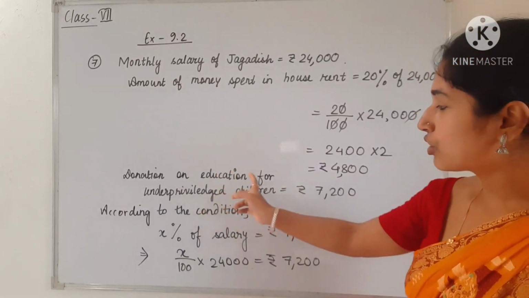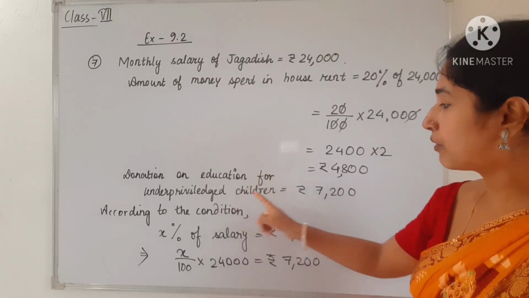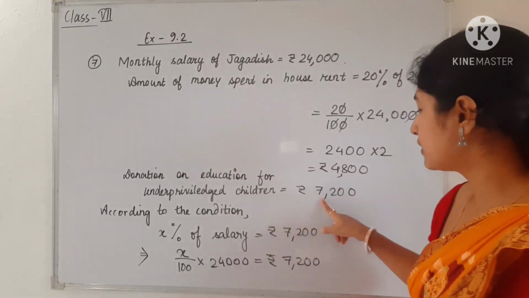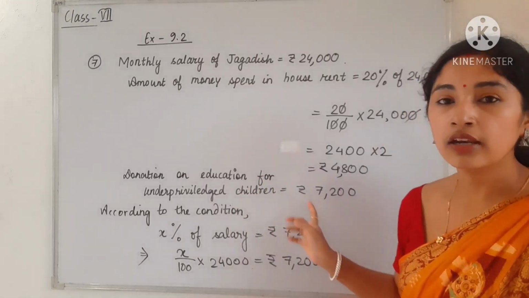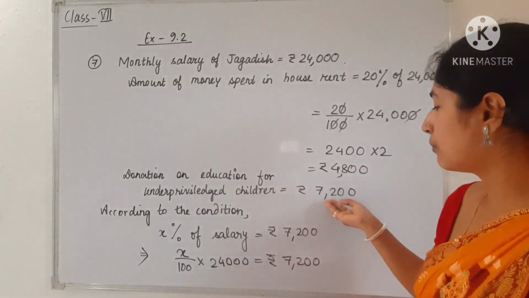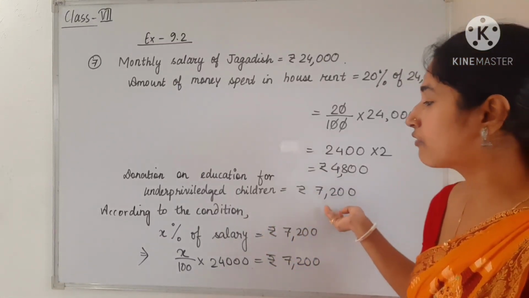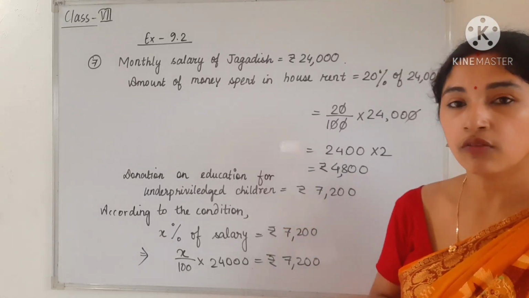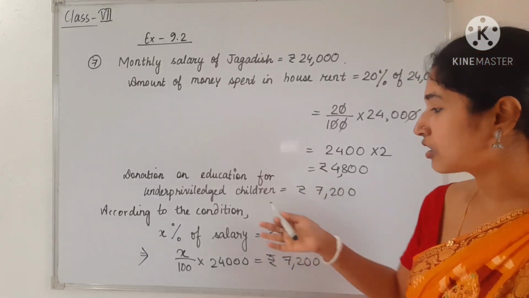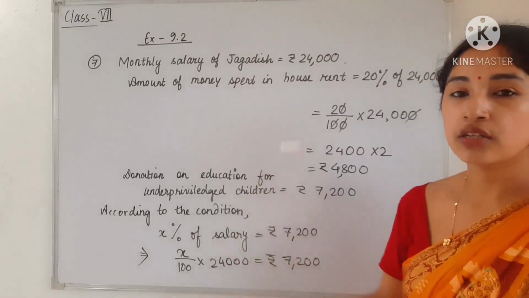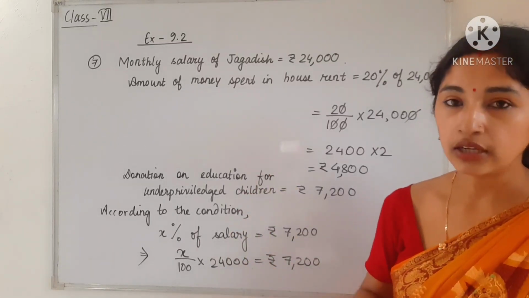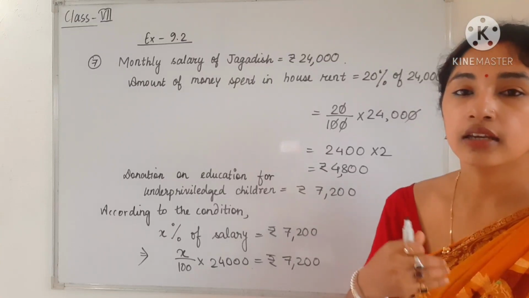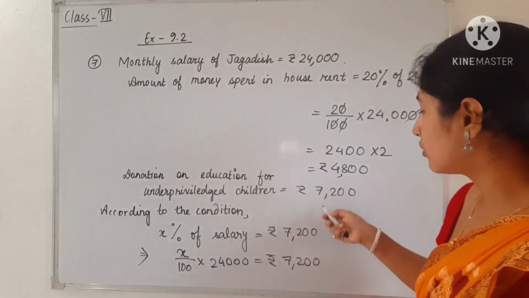So donation on education for underprivileged children is rupees 7,200. This is given in amount. Okay, money is given in terms of money, but we have to find in terms of percentage. That means percentage is not given. So according to this condition, we can write that X percent of salary he is donating. Okay, X percent of salary he is donating, and the amount is what?